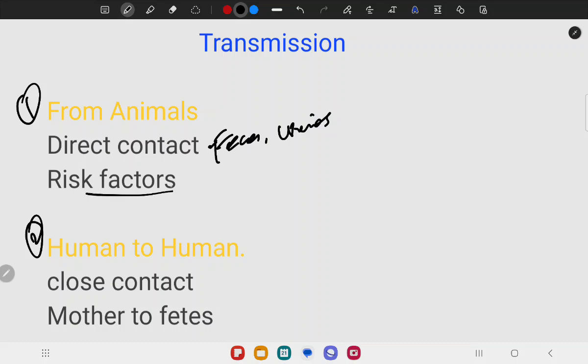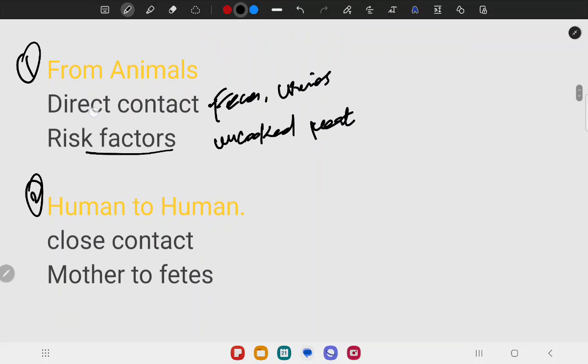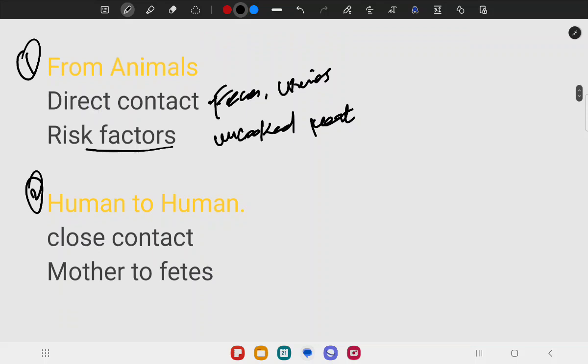The risk factors include eating uncooked meat, so through this also humans can get infected. Then from humans to humans, from an infected human through close contact, patients get infection, like by sharing towels, beds, and clothes.